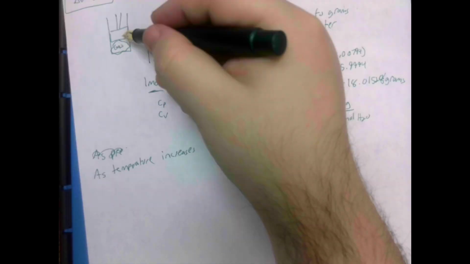And then we get, for our isochoric system, this relationship here. As temperature increases, what does pressure do? So imagine that we have this sealed container, the piston's stuck, and we're heating it up. What's going to happen to the gas inside? As the temperature of the gas increases, the pressure is going to increase.